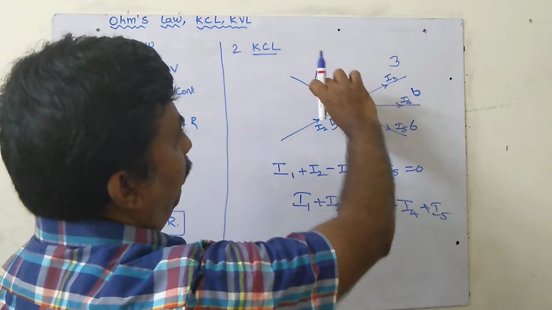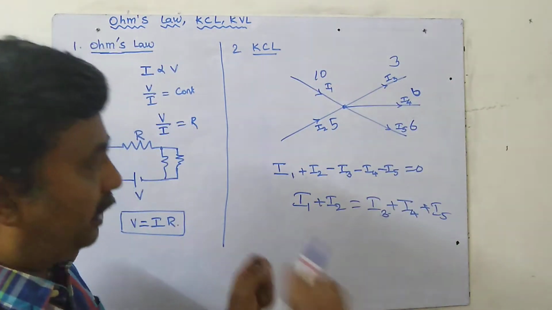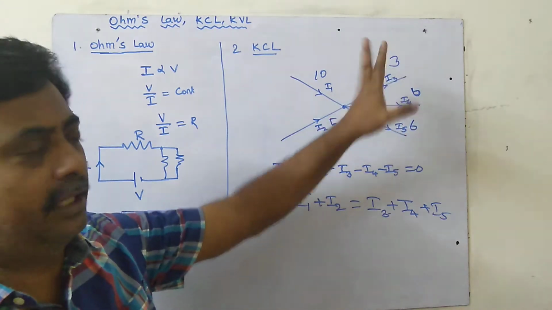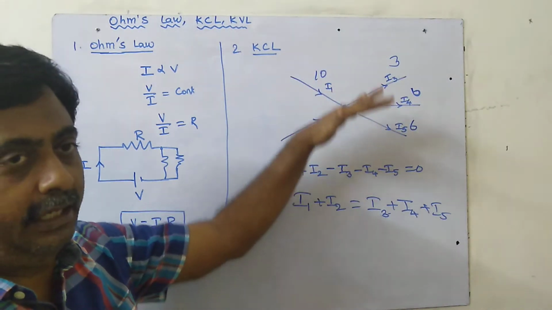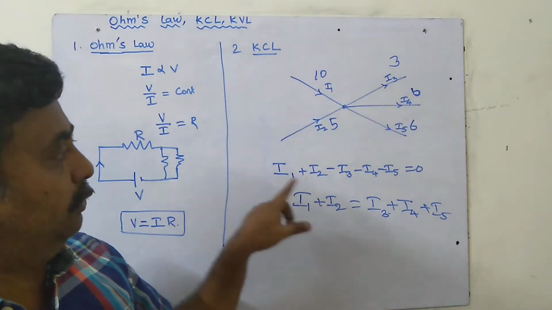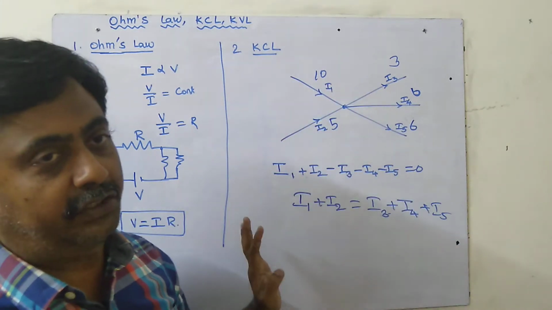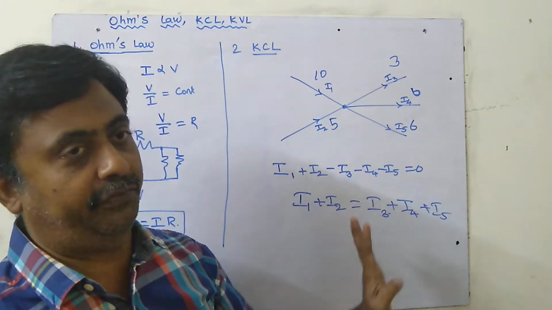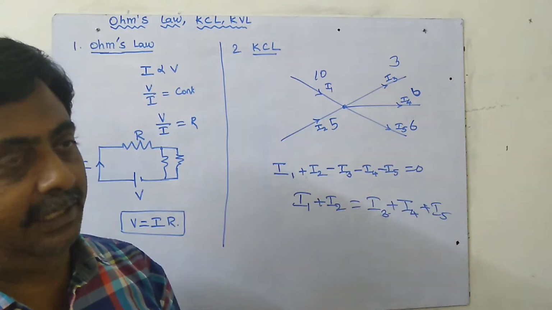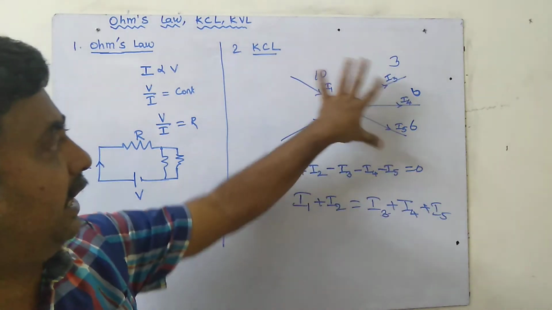So 15 will be equal to this 15. Like this you have to give an example. It can be any example, even a simple example. But you have to give an example, then only it will be worth 2 marks. Writing just the equation, that the algebraic sum of the current meeting at a junction or node equals 0, is not sufficient for 2 marks. You have to give an example with values. Otherwise this diagram is sufficient.